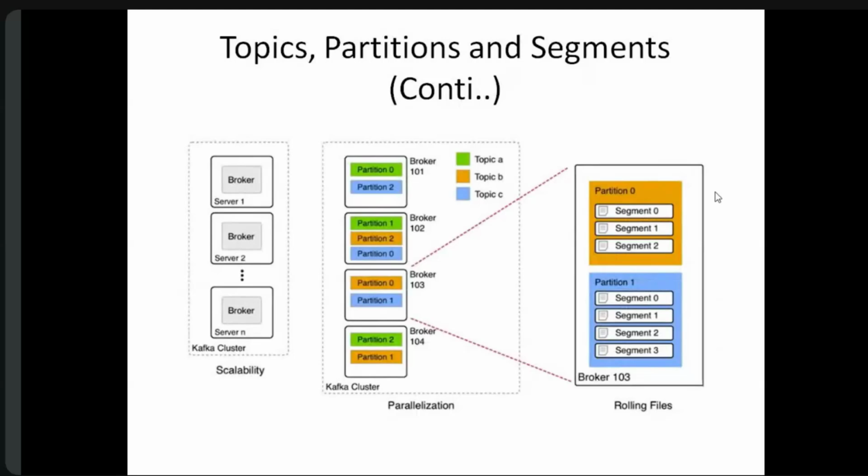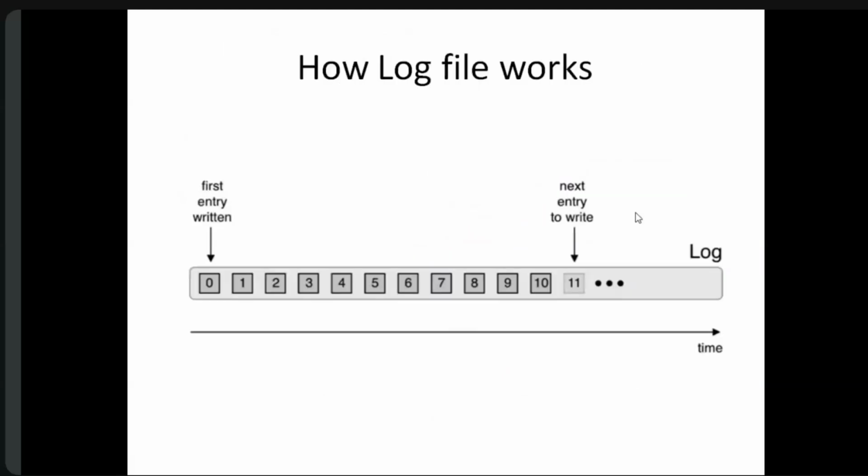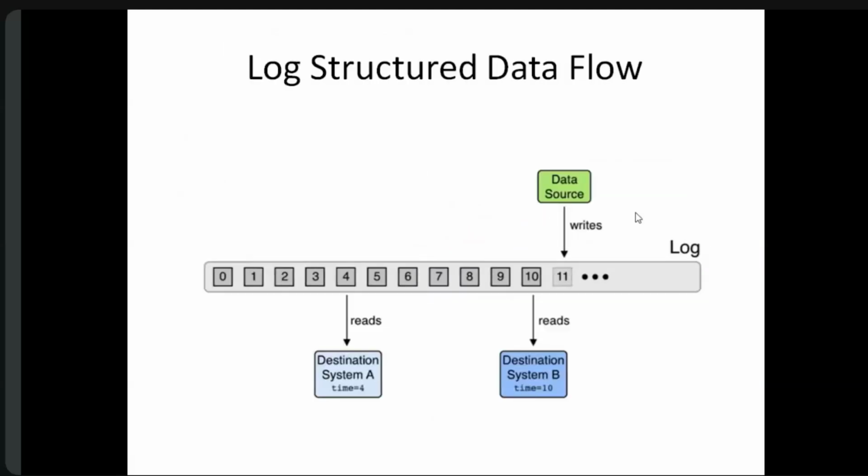Whenever you send or write any data, it will be appended at the end only. Clear? And when any consumer reads it, it will read from that particular file sequentially only.